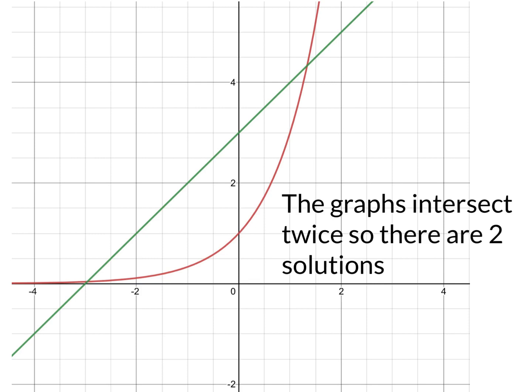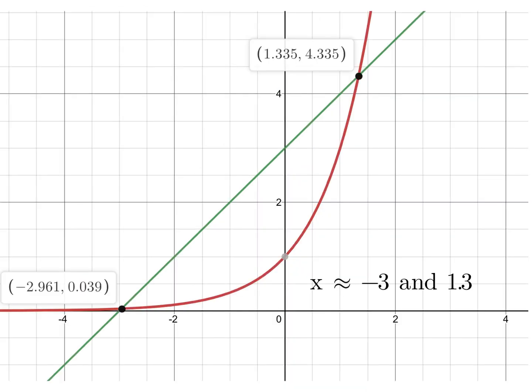And the other solution is a little bit harder, somewhere between 1 and 1.5. Any guess around there would be pretty accurate. They're not exact solutions because they're still approximates, but one is approximately -3 and the other approximately 1.3.